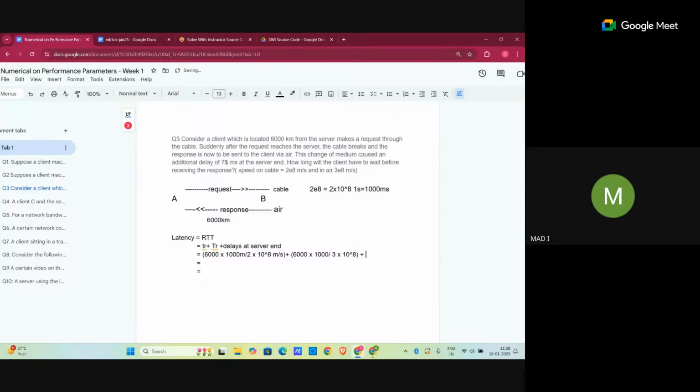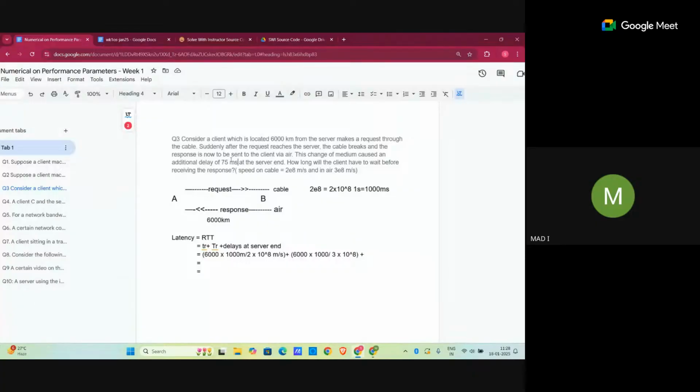So the answer will come in seconds, plus we have the delay. Now, as I said, while solving the numerical, be aware of all these units. Now it is given as 75 milliseconds. If I want to convert it into seconds, I will multiply this by 10 to the power minus 3 to get seconds. Why? Because 1 second is equal to 1000 milliseconds. So if I want to convert milliseconds into seconds, I will multiply by 10 to the power minus 3 or divide by 1000.